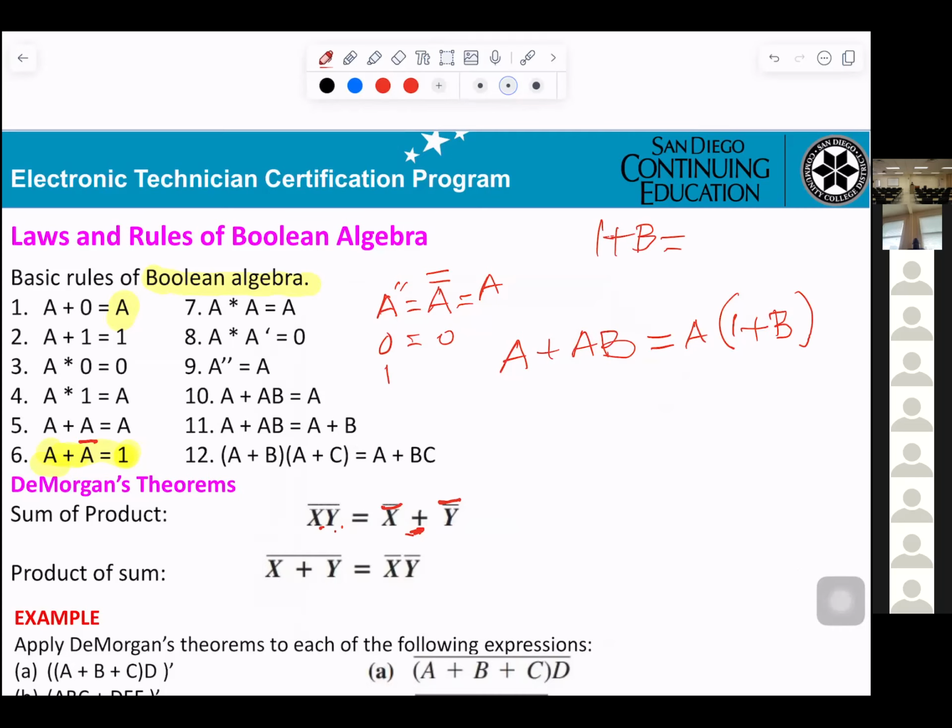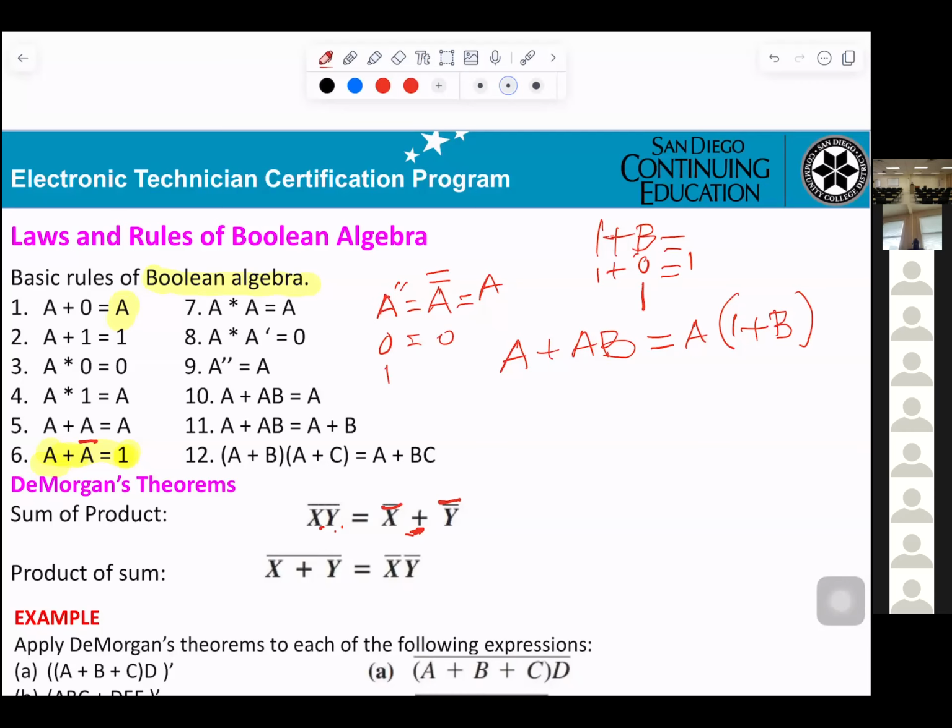What can B be? B can be 0 or B can be 1. My question is, 1 or B equals what number? If B is 0, 1 or 0, what do you get? Must be 1, right?